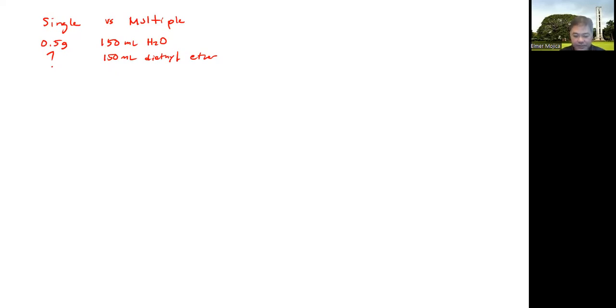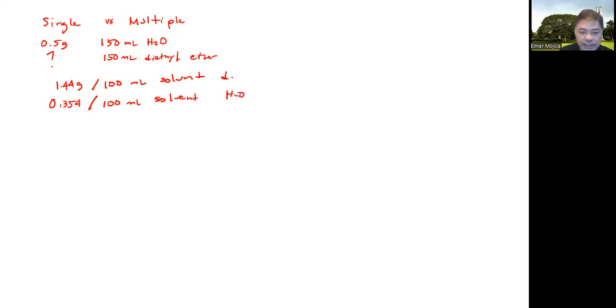If you look at the solubility in diethyl ether, it's 1.44 grams per 100 ml solvent. In water, it's 0.354 grams per 100 ml solvent. So this is water, this is diethyl ether.